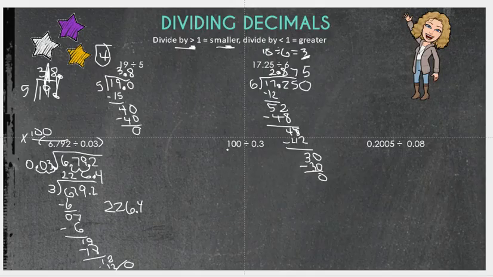All right. 100 divided by 3/10. Oh my goodness, it's so large. In this case, to make this divisor a whole number, we move it 1 place, which means we're technically multiplying by 10. And the 100 over here doesn't have a decimal point, so we put the decimal point here.